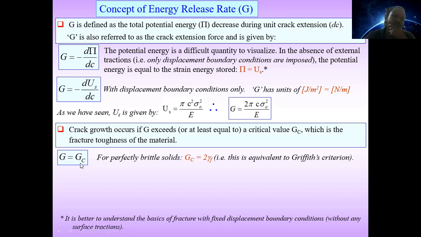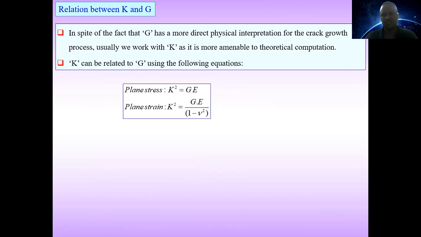So G equals Gc for perfectly brittle solids, or Gc equals 2 times gamma f. This is equivalent to Griffith's criterion. It is better to understand the basics of fracture with a fixed displacement boundary condition without any surface traction.